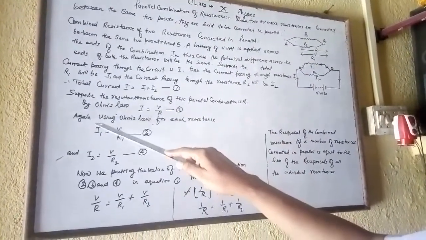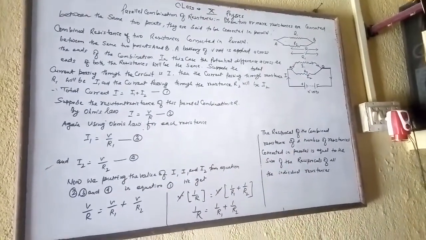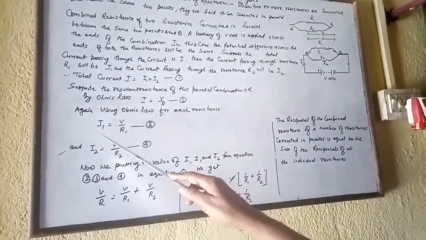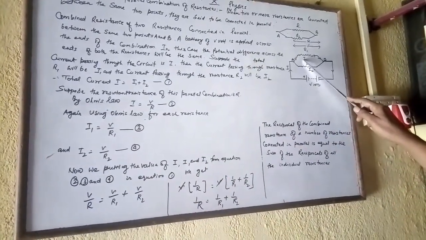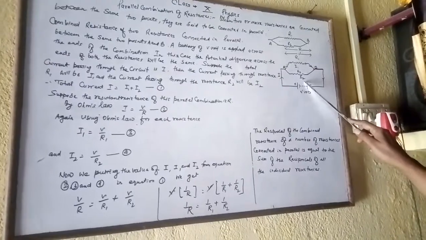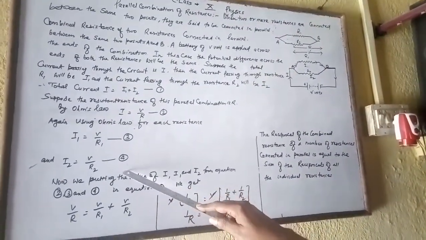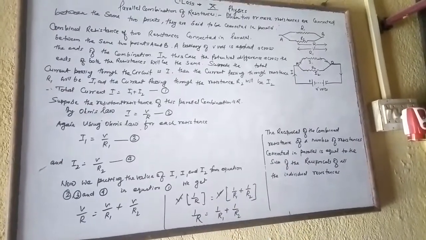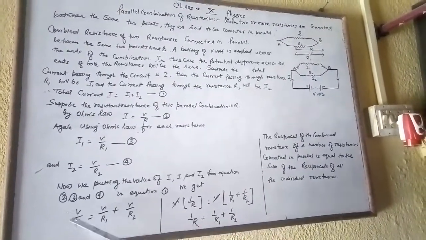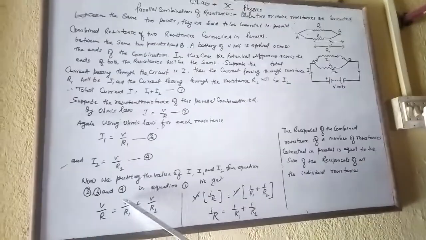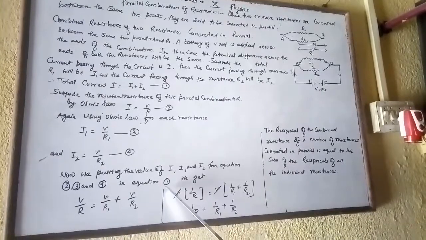Now again using Ohm's law for each resistance, we write I1 equals V by R1, and I2 equals V by R2. This one will be equation 4. Now we put the values of I1 and I2 from equations 2, 3 and 4 into equation 1.